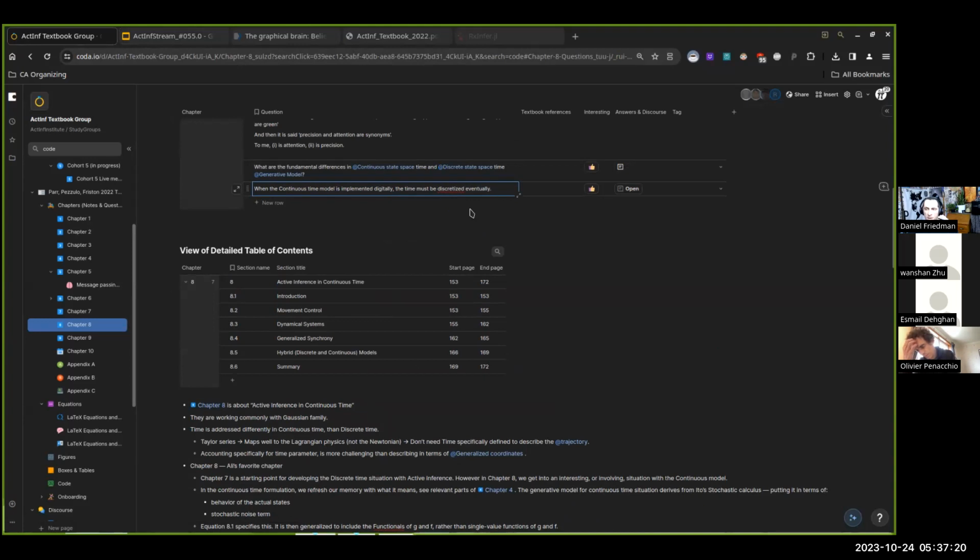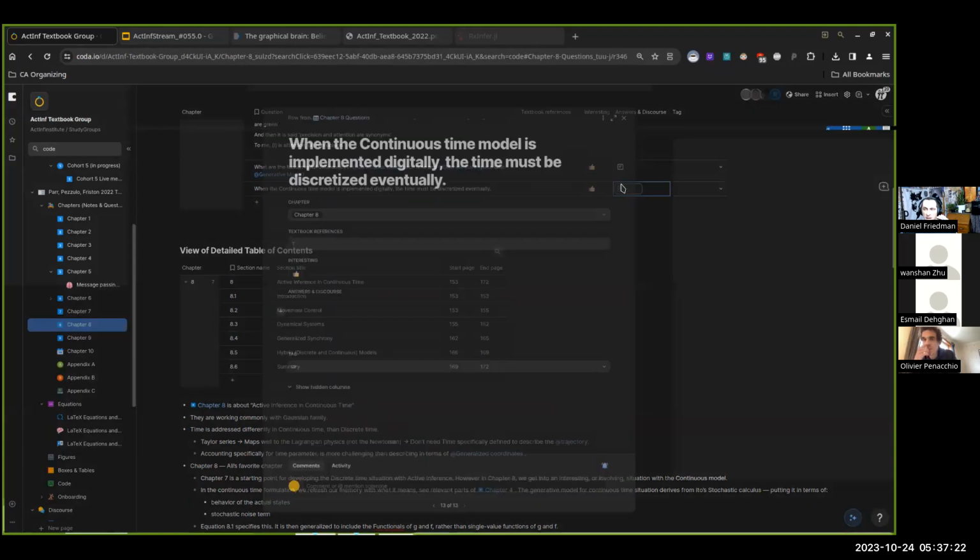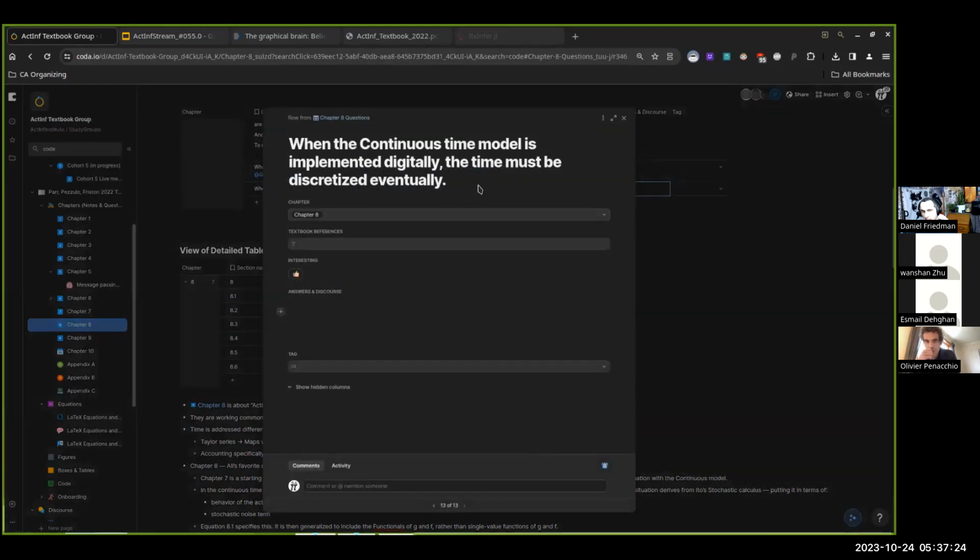You're right. I would say that still would not be called a discrete time model, because in a discrete time model, the B matrix would be the Markov transition probabilities, whereas here you're still trying to learn the derivative.